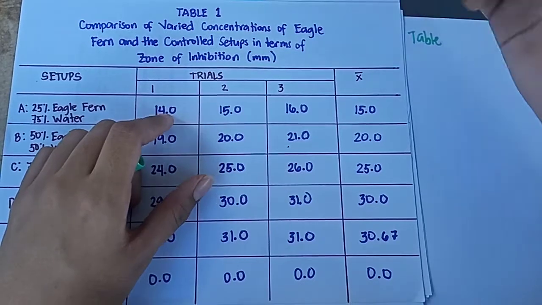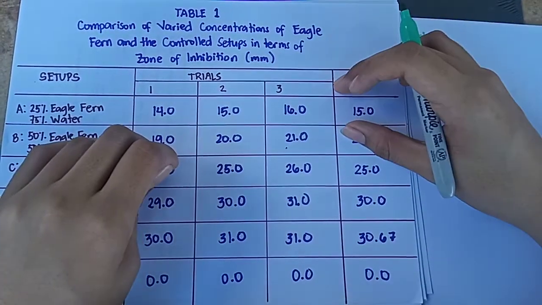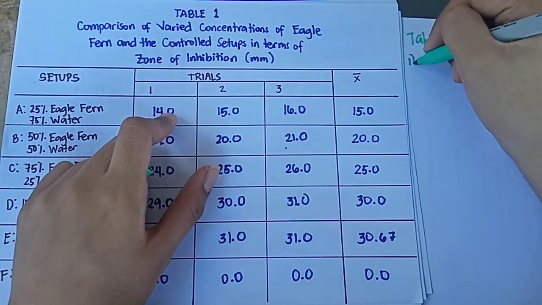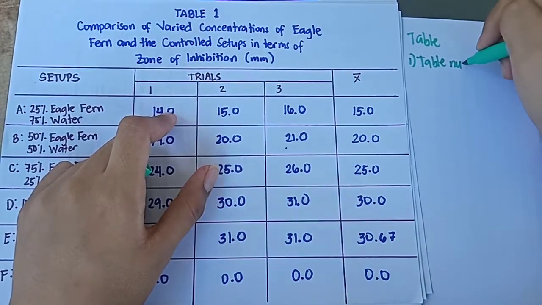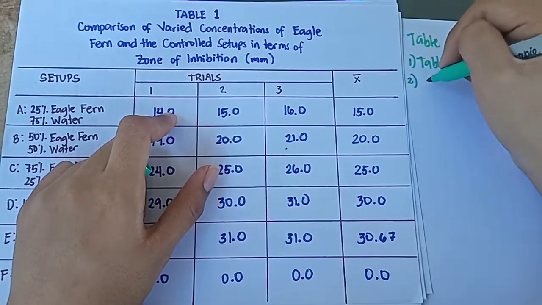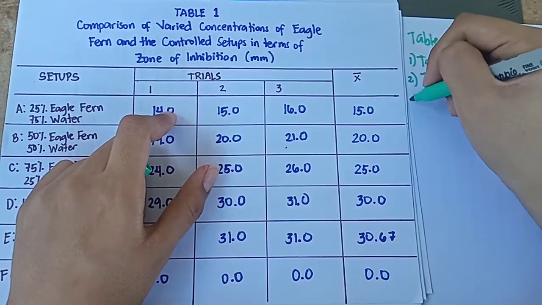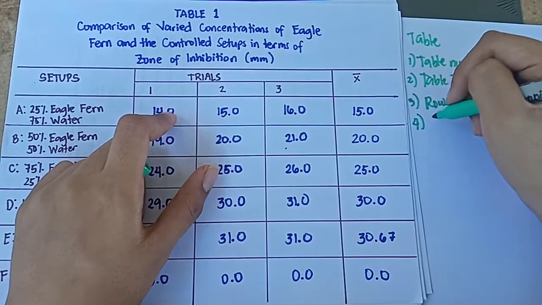That is in our SIP because our example is the SIP, okay? So, we lay out our table. And there are parts of the table. So, number 1, the table number. Number 2, we have the table title. Number 3, we have the rows. And number 4, we have the columns.